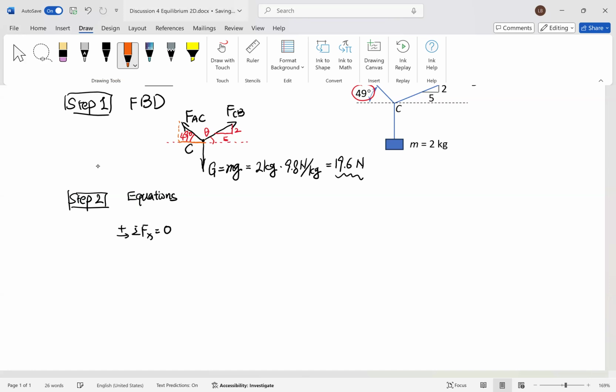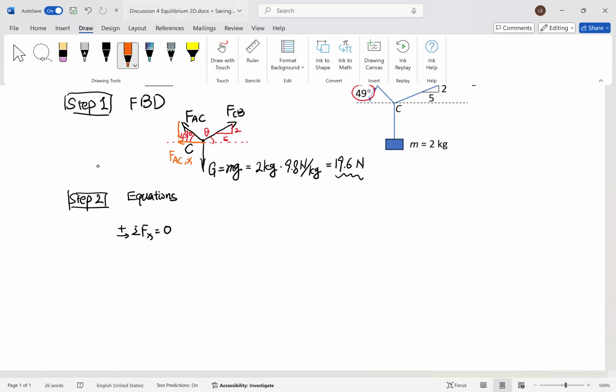It intersects the horizontal line at a point which will be the tip of the horizontal component of FAC. We denote it as FACX.